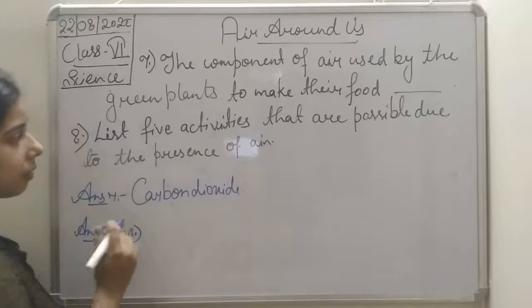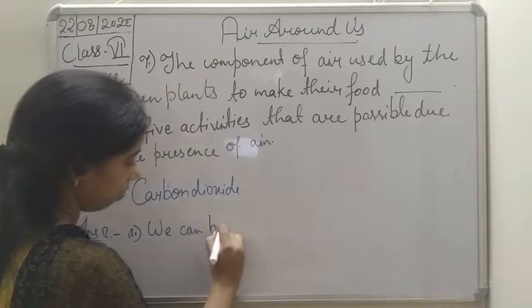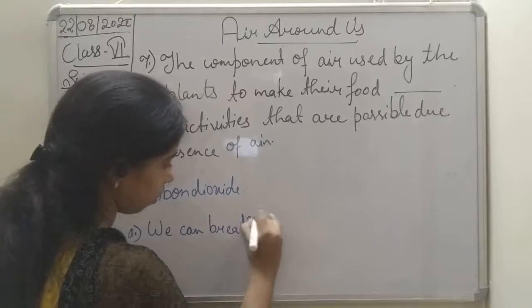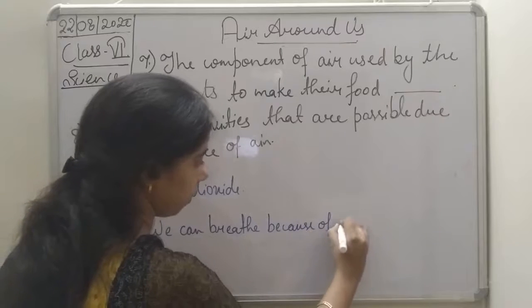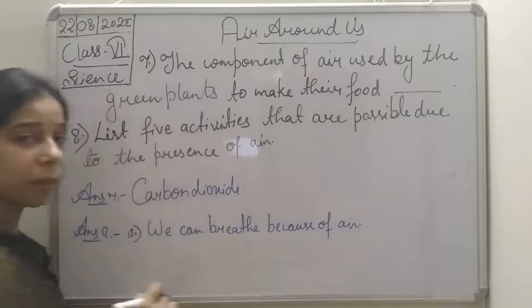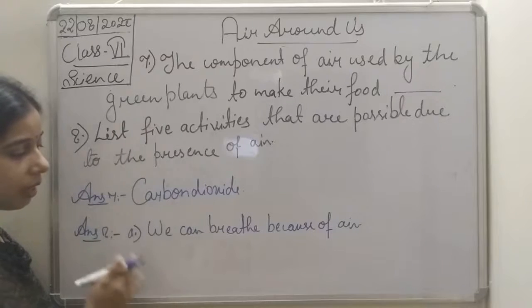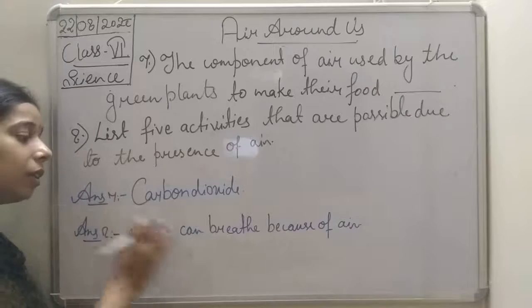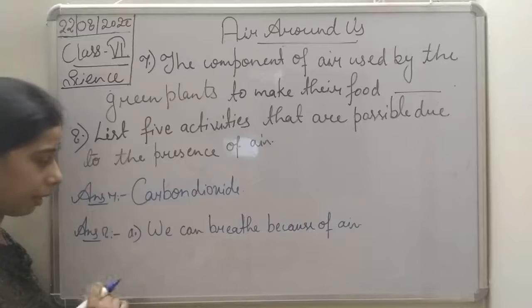So we can write that we can breathe because of air. Because of the presence of air, oxygen is there, we take the oxygen, we release the carbon dioxide. So we can say that we can breathe or respire because of the presence of the air.